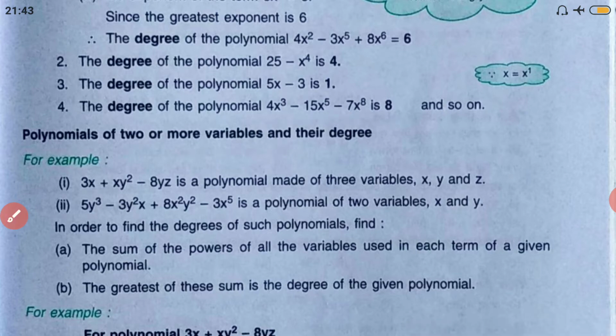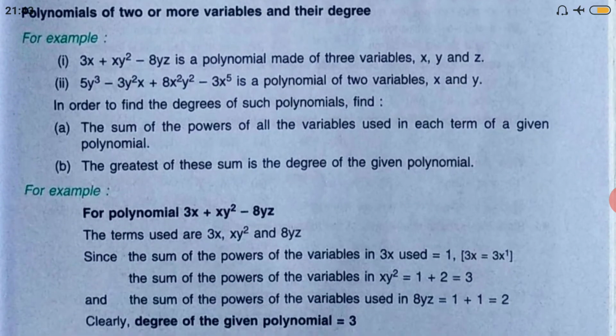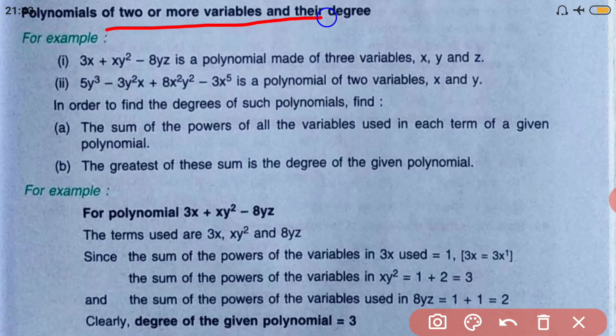Suppose we have a polynomial of 2 or more variables, and we have to find its degree. Let us see how to solve it. Suppose a polynomial is given to us, 3x plus xy square minus 8yz. This one is a polynomial, but it has three kinds of variables, that is x, y and z.